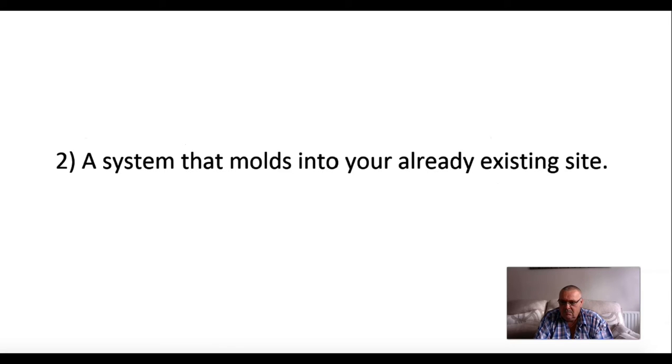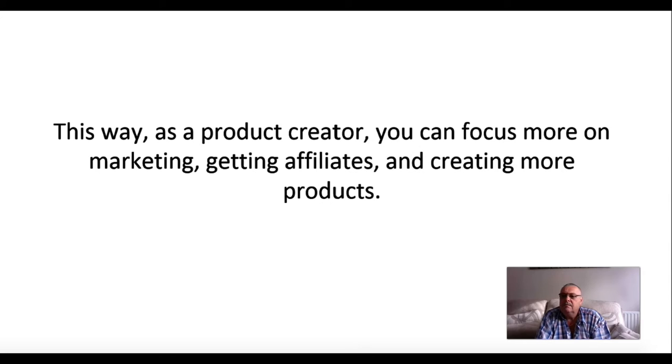And number two, we're going to take that idea and create a system that molds into your already existing site that has the ability to sell your products and services without having to adjust too much. This way, as a product creator, you can focus more on marketing, getting affiliates, and creating more products.